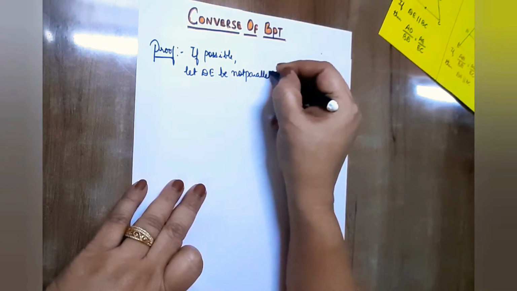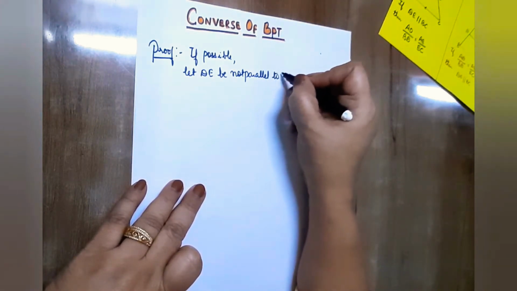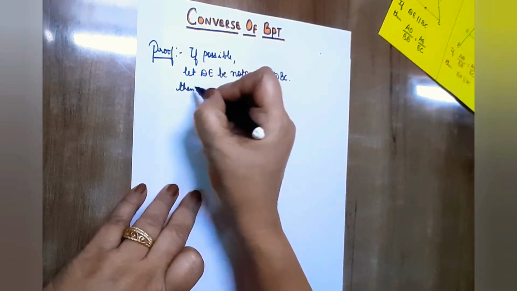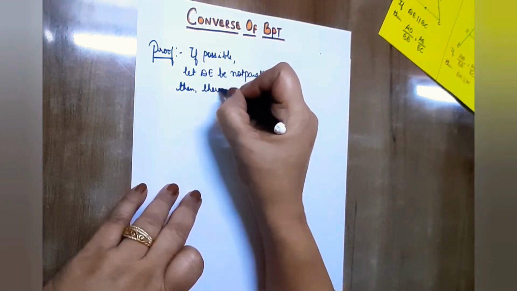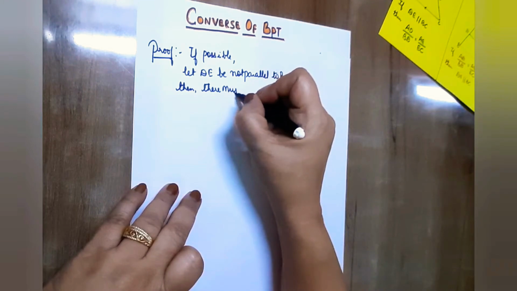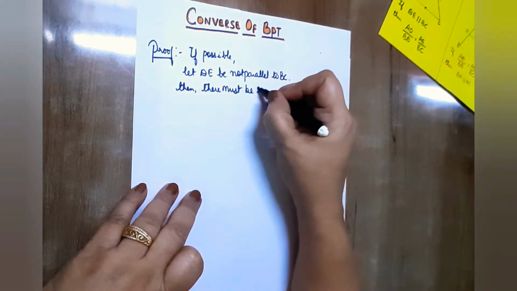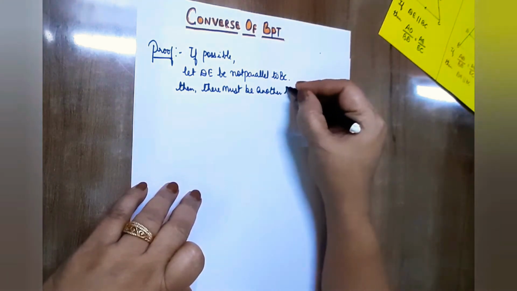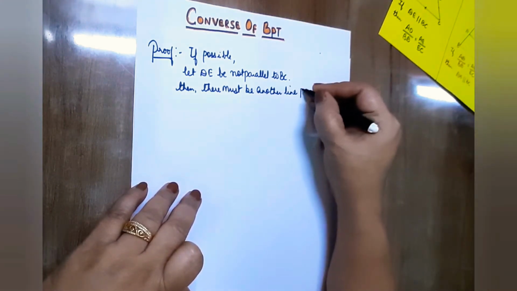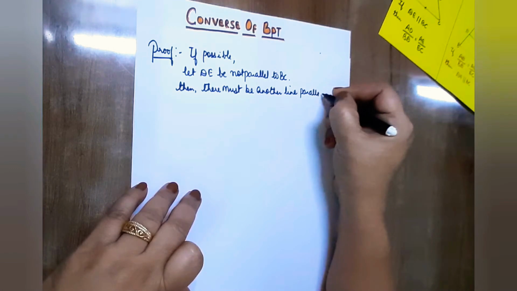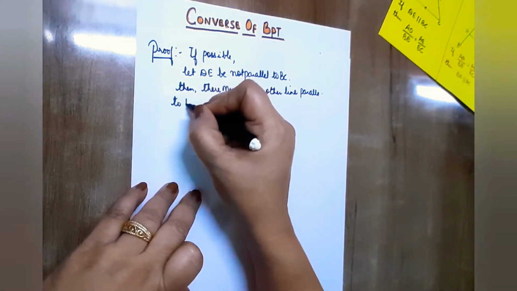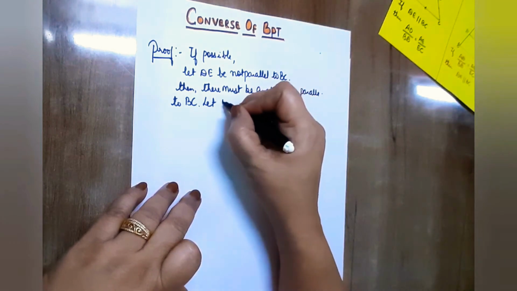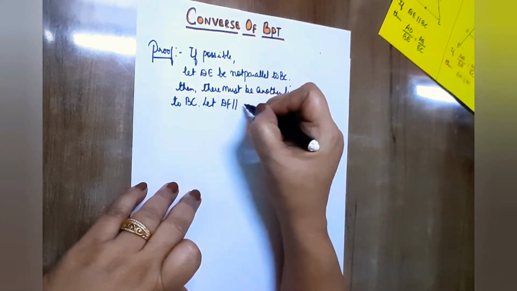We will first assume DE is not parallel to BC. Then there must be another line parallel to BC. So we'll take one more line, DF, parallel to BC.